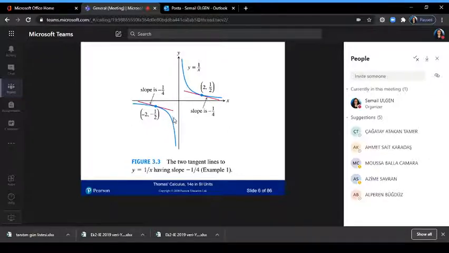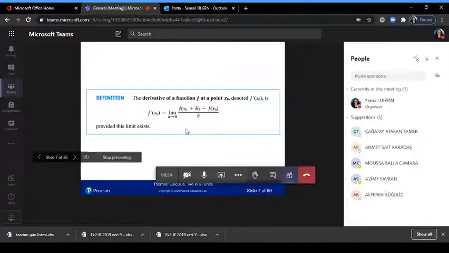So since as you change the point you get a different slope, you can really look at the limit definition of the slope as a function. That's what we are going to do next.